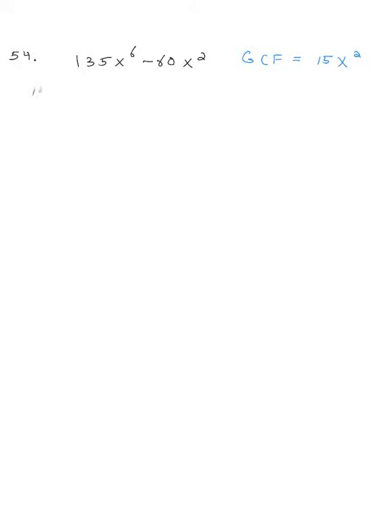You can take out 15x squared, and what remains, so right, 135, when I divided it by 15, I got 9, so you get 9x to the 4th. And when you take 15, obviously out of 60, that's going to leave you with 4, so you get minus 4. And so we have this thing.